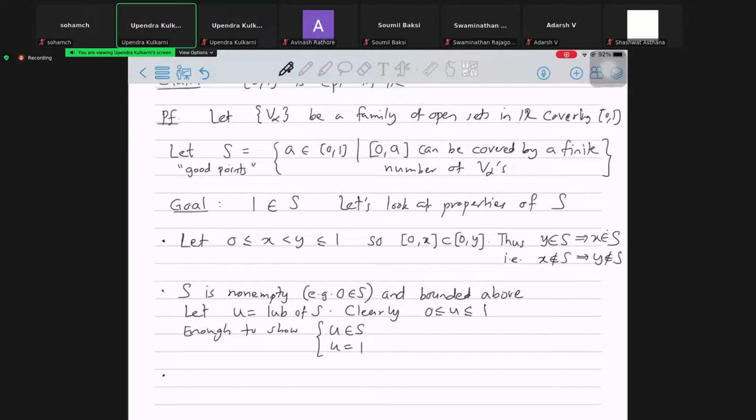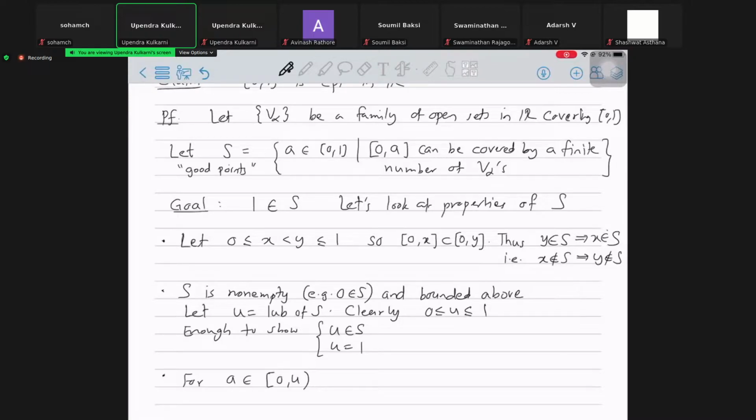All right. So you see, the two bullet points together say the following. By the way, just to get started, 0 is in this set of good points, but certainly there are other points also, correct?